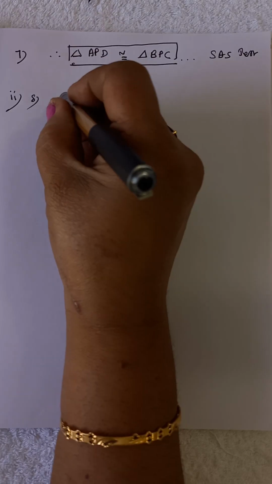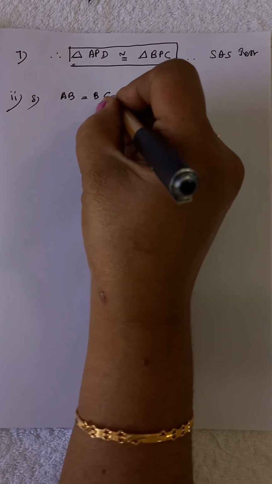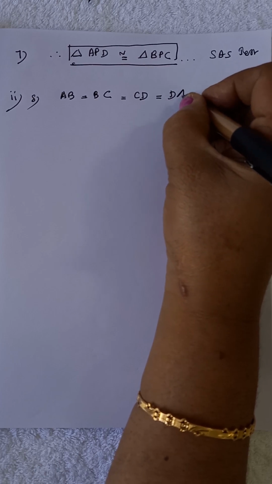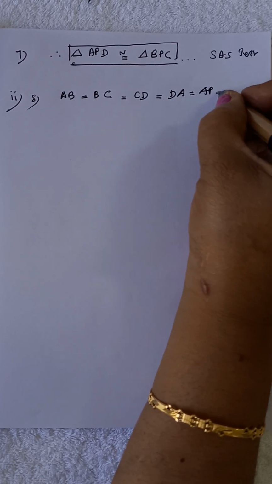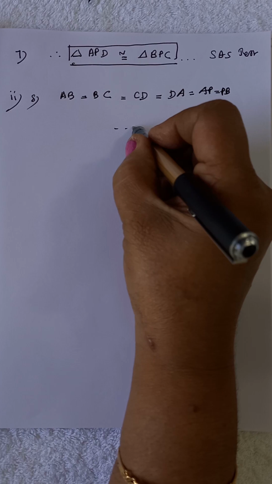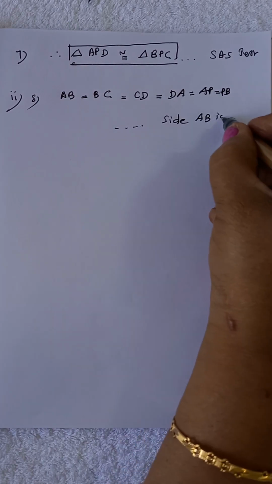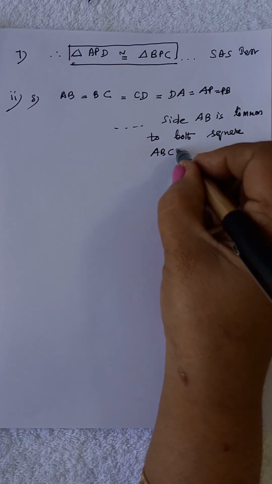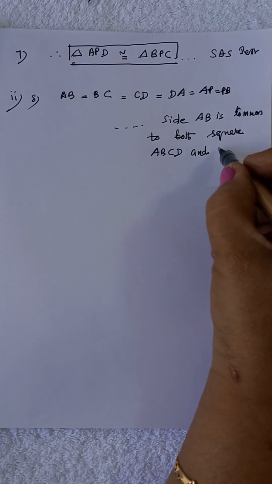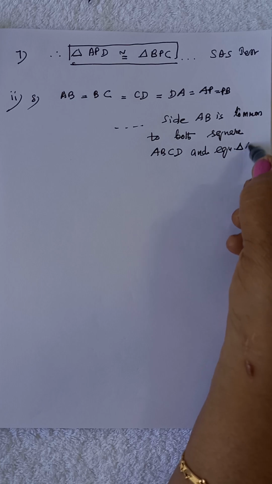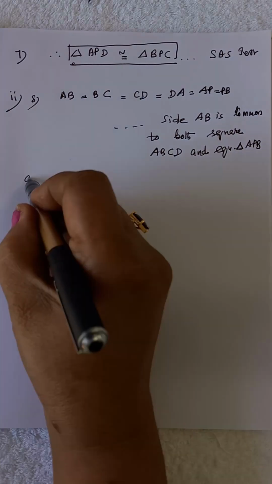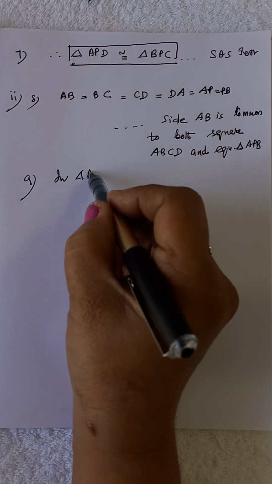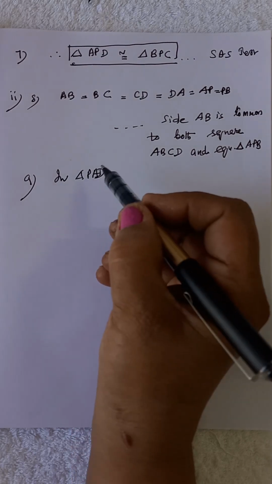The reason is side AB is common to both square ABCD and equilateral triangle APB.